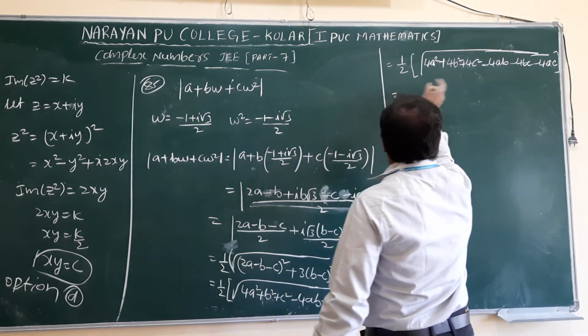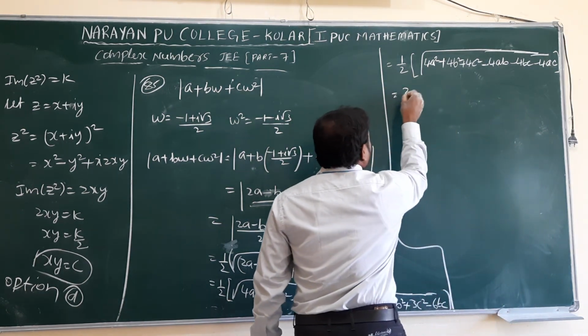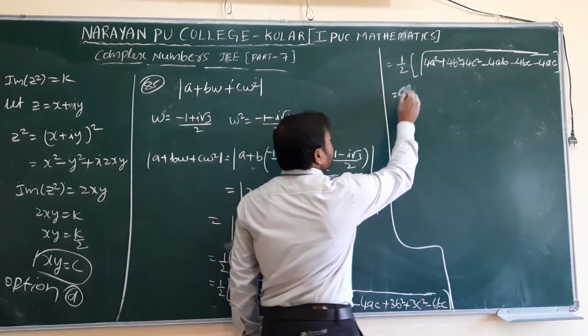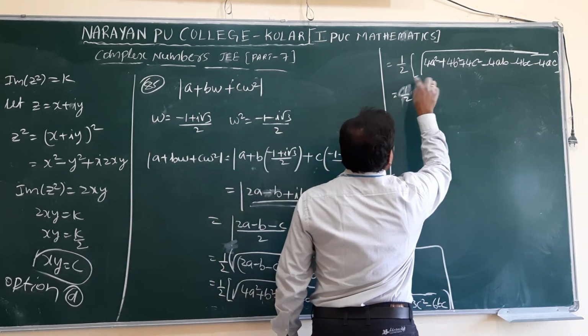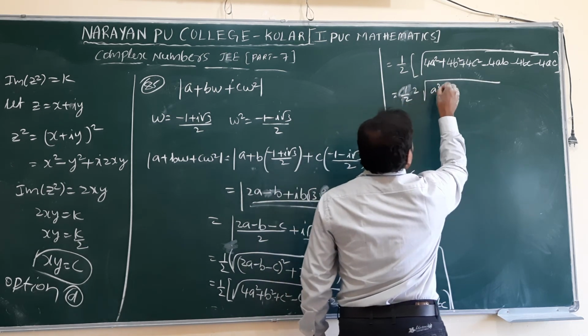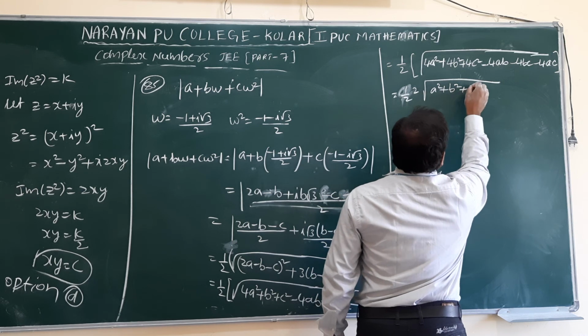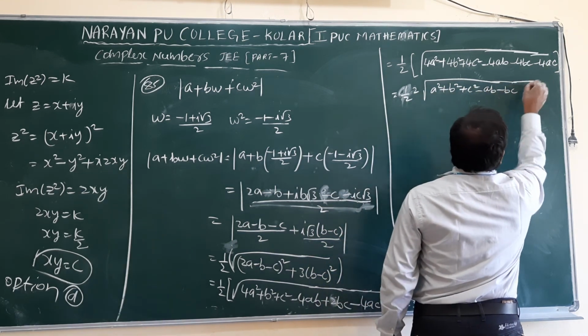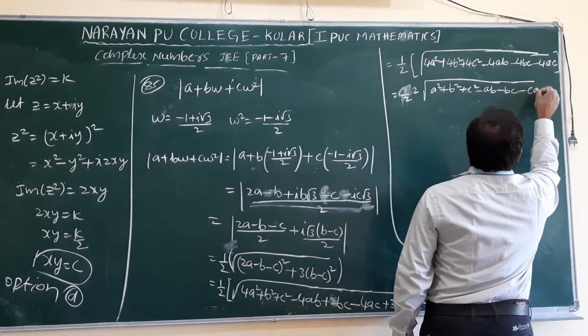Here we take 4 common, we get 2 outside, and the 2s cancel, remaining 1/2 into 2 into the square root of a² + b² + c² - ab - bc - ca.